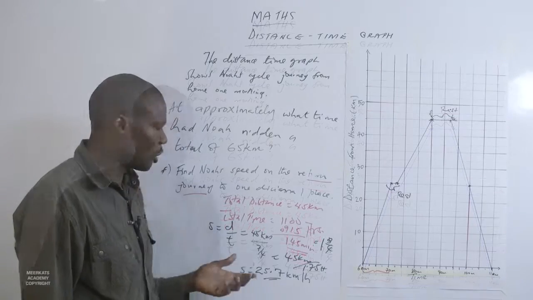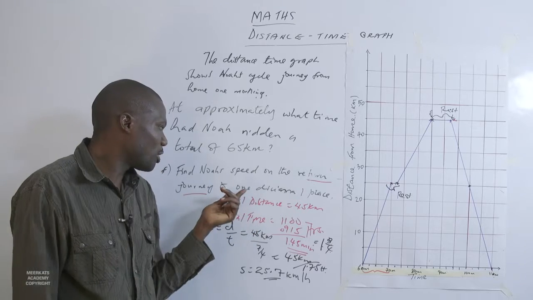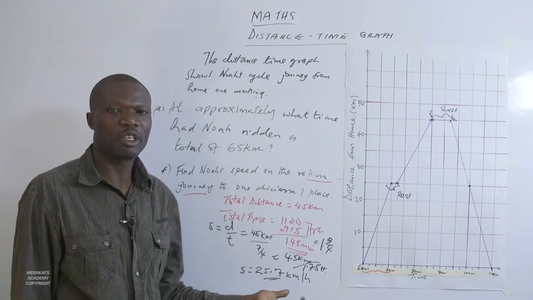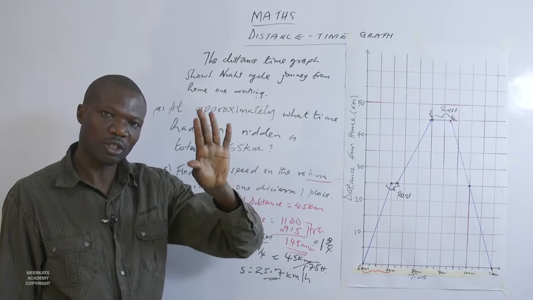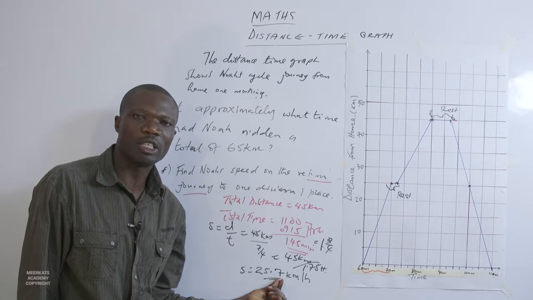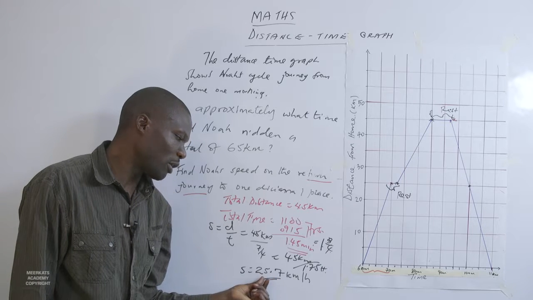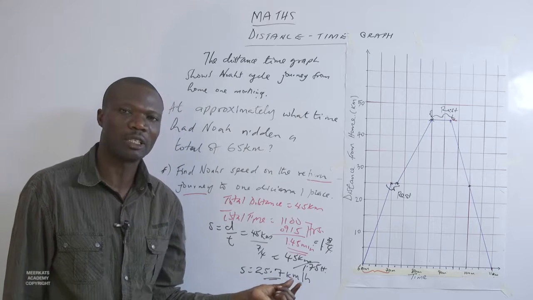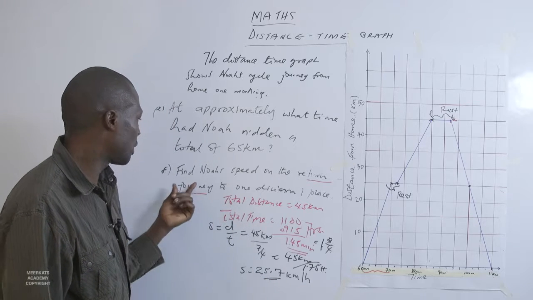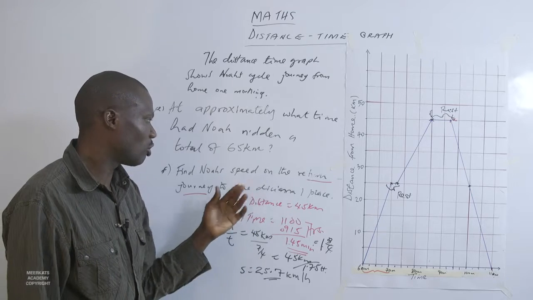When you use your calculator, you'll find 25.71 something and so on, but that's not the interest. We take 1 decimal place, look at the critical digit and the rounding off digit. You will find that it is 25.7 kilometers per hour. Now this one is the speed of our return journey, the return journey for Noah.